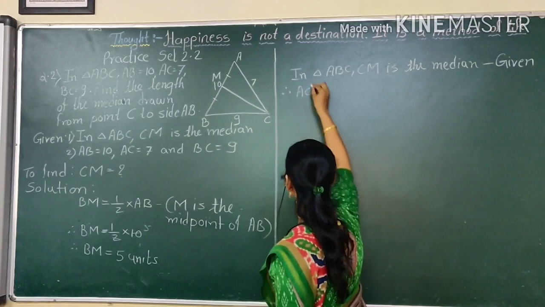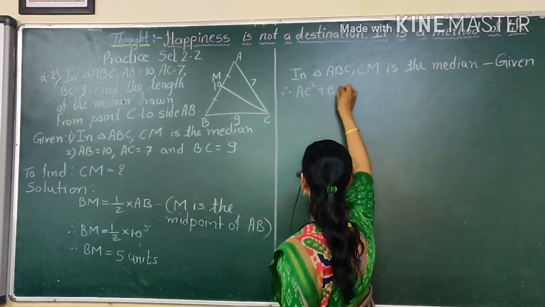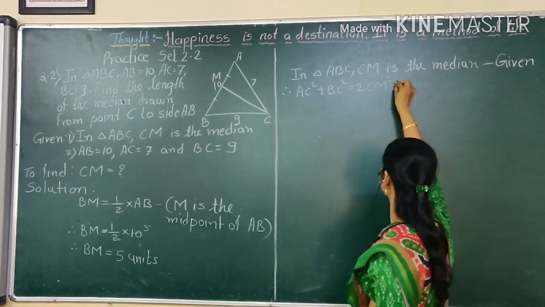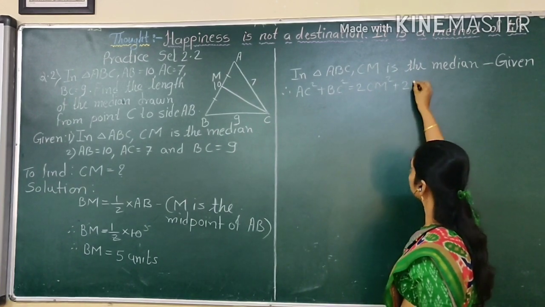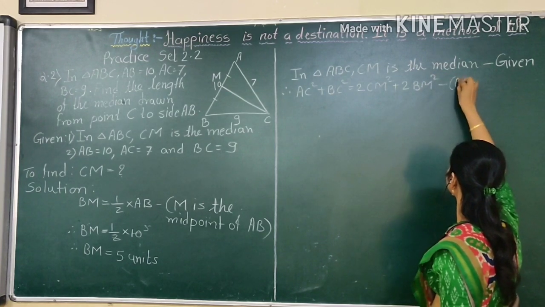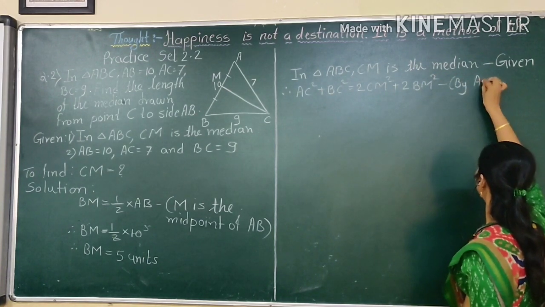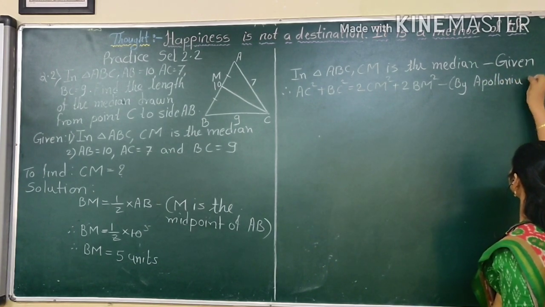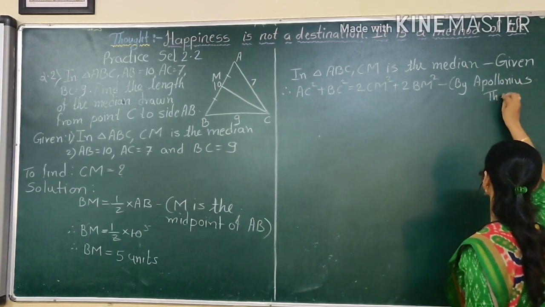So, AC square plus BC square is equal to twice CM square plus twice BM square. This is by Apollonius theorem.